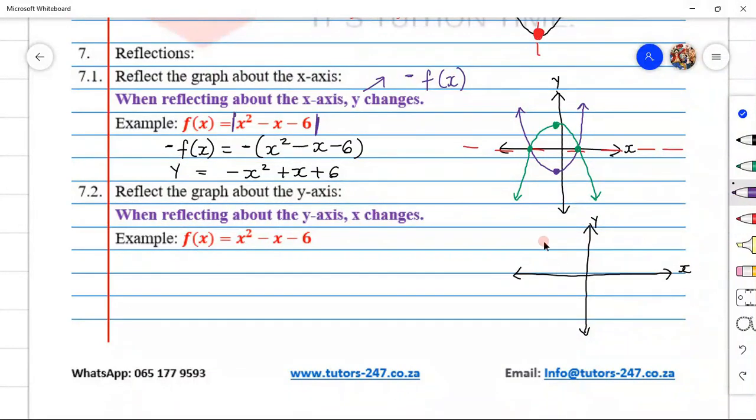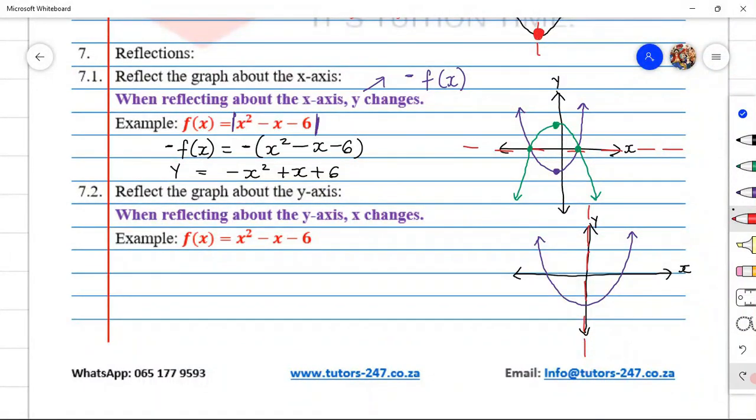Let's have our function. Let's keep it as a positive function. Now, if we were to reflect this positive function about the y-axis, that means we need to fold our paper along the y-axis. So the right of our paper is going to touch the left of our paper. That is then going to change our x value.